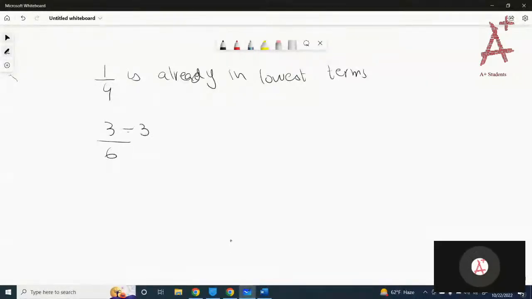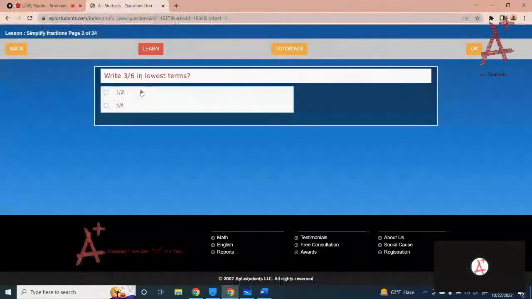Just divide numerator and denominator by 3. Got it? So 3 times 1 is 3 and 3 times 2 is 6. That means 3 by 6 in lowest terms is 1 over 2. Got it?